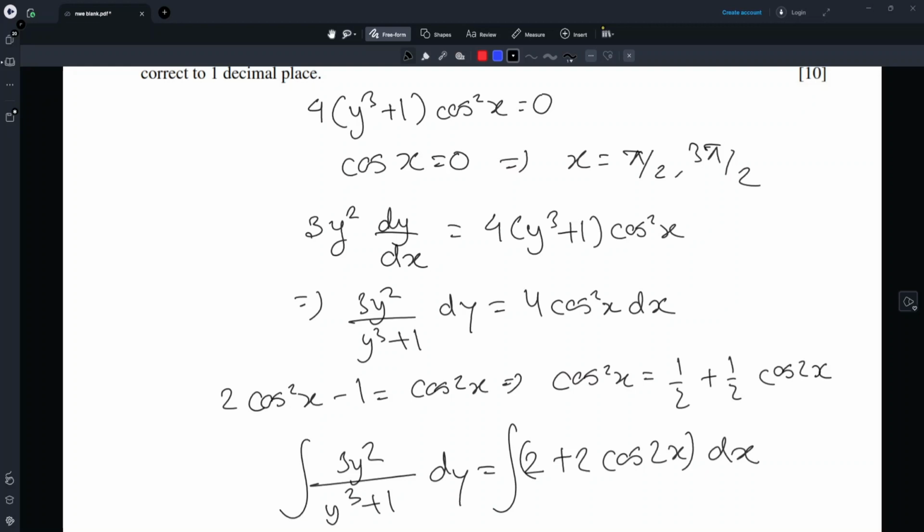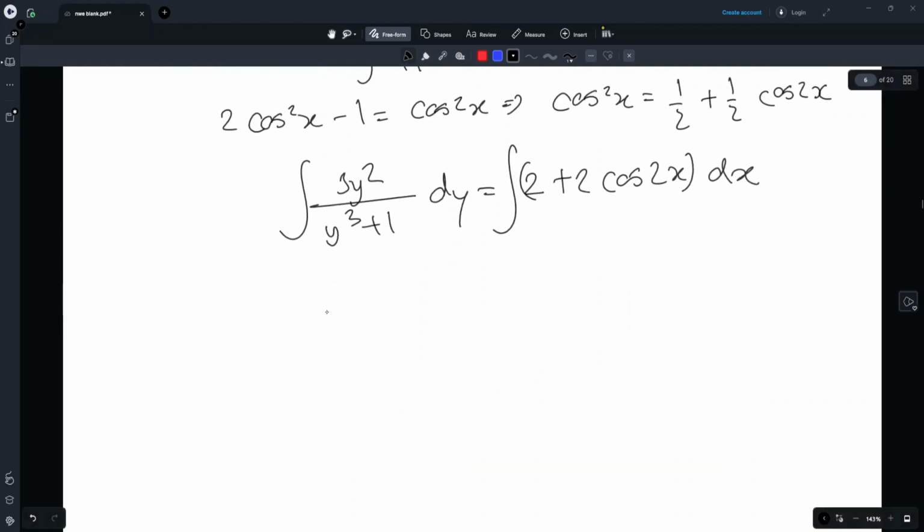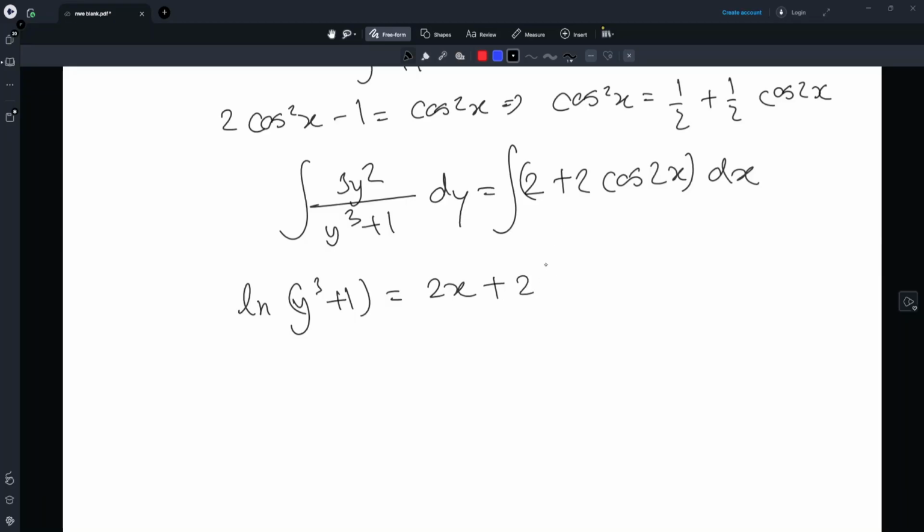Now integrate both sides. If I differentiate this one, I'm going to get the top part. So I can easily say directly ln(y³ + 1) equals 2x plus sin 2x plus c.